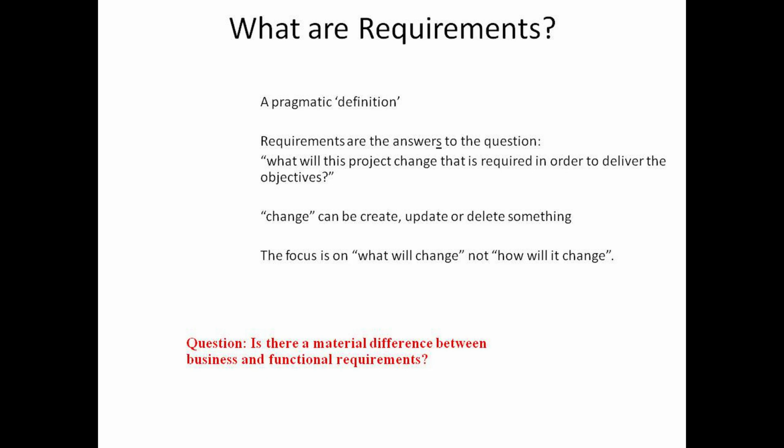Re-engineering we call it, business process re-engineering, where it could be a manual process which you want to automate. And change can be what is called CRUD: create, update, delete something. Of course you are creating a new feature or a new product, a new system altogether, or you want to update an existing thing. There's already an existing thing, but probably for some reason it's not working correctly.